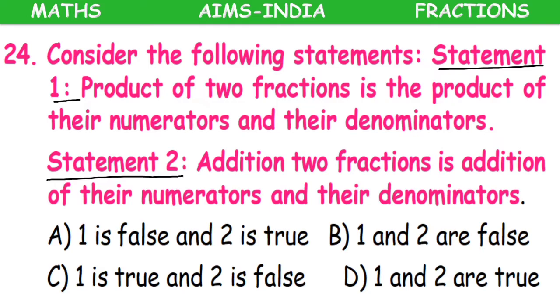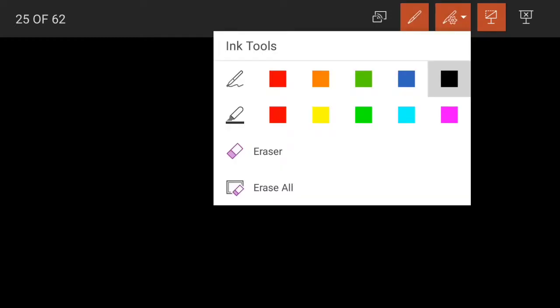Now coming to statement 1, children, product of two fractions. What does product mean? Multiplication. When I say 1 by 4 into, say 2 by 4, we are having two fractions here which we are multiplying. We did not cover the topic multiplication of fractions in our lesson, yes, but let me explain it to you here.